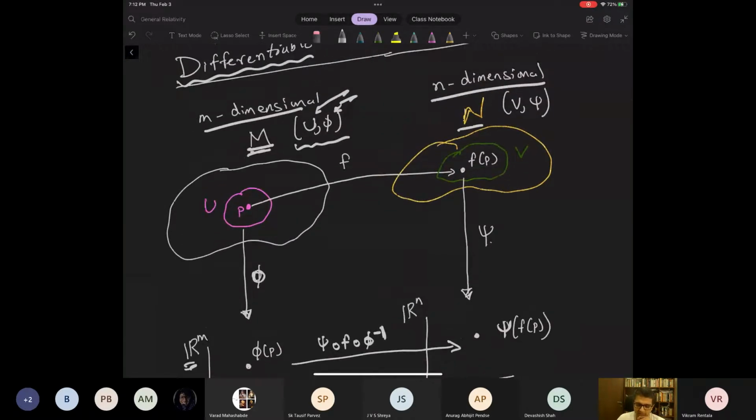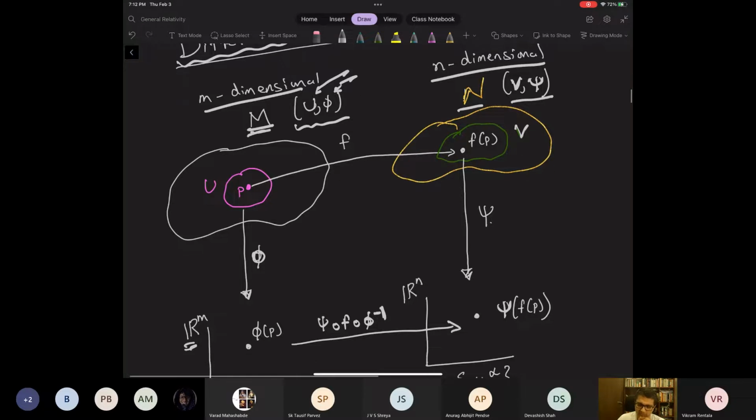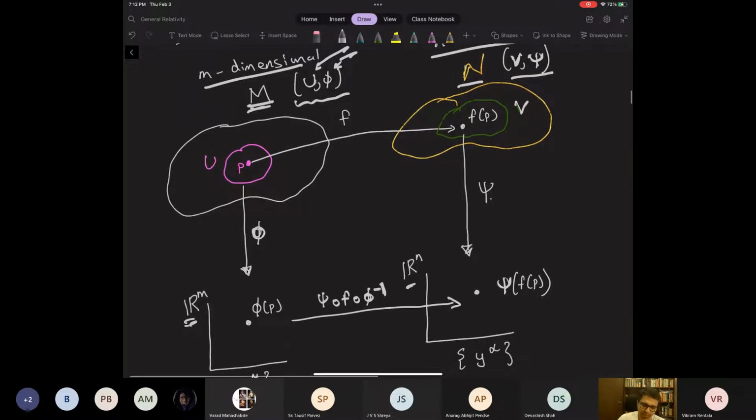Similarly, on N, you imagine that there is an atlas with charts V and psi, where V is an open subset in N, and psi takes you from a point in this open subset to a point in an open subset of Rn.